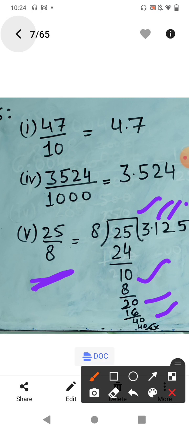So 8 5 times is 40. So 3.125 is our required answer. When we put one decimal in the quotient, we can take 10 many more times.